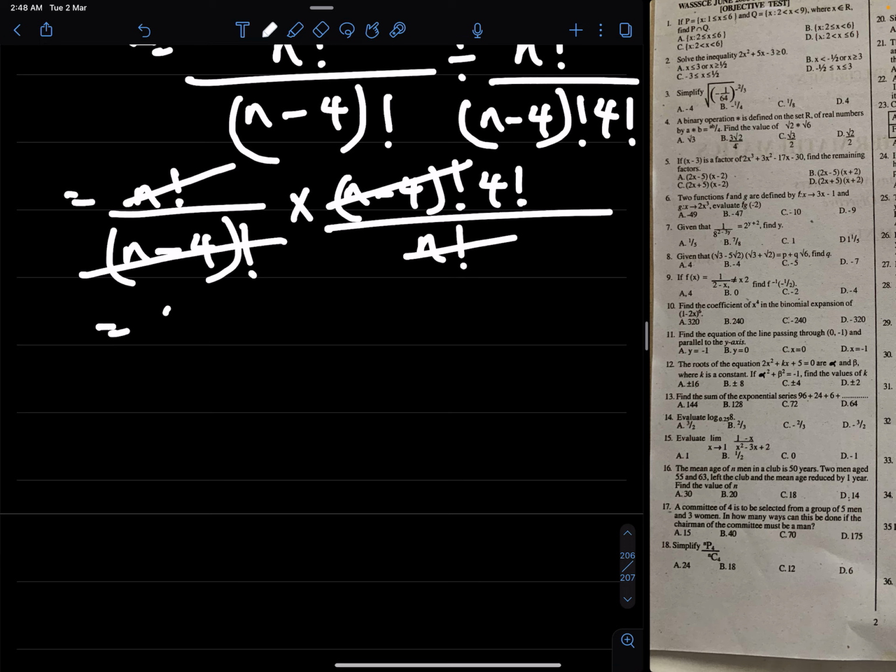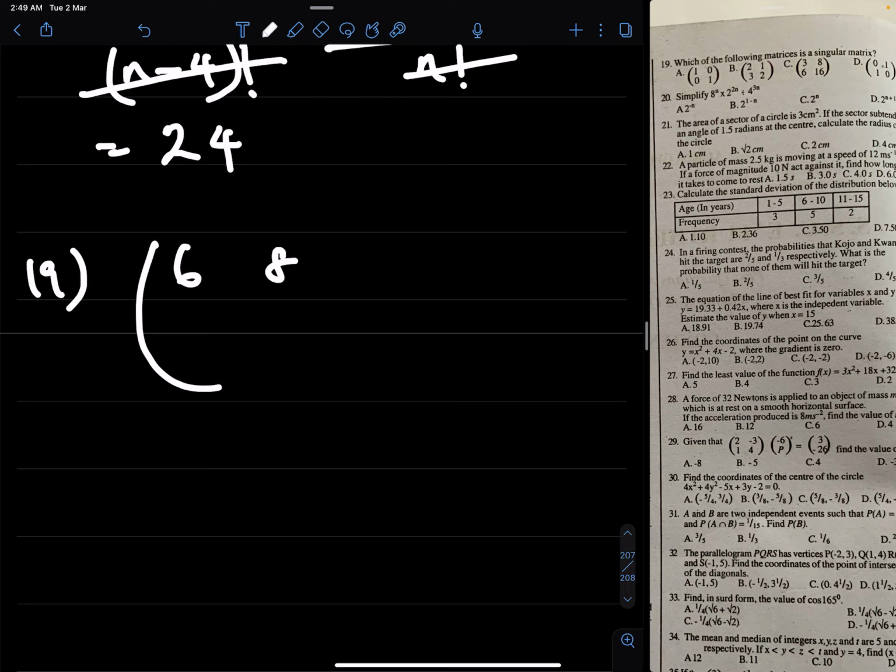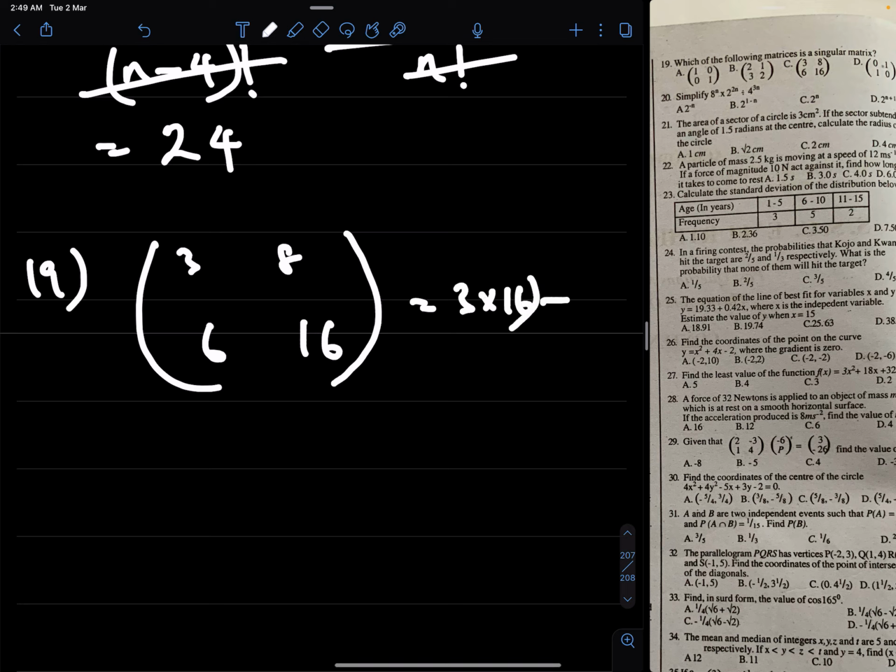Okay, the answer is C, because if you check the determinant of this matrix, 3, 8, 6, 16, you see that the determinant is 3 times 16 minus 6 times 8, which is the same as 48 minus 48, and that's 0.